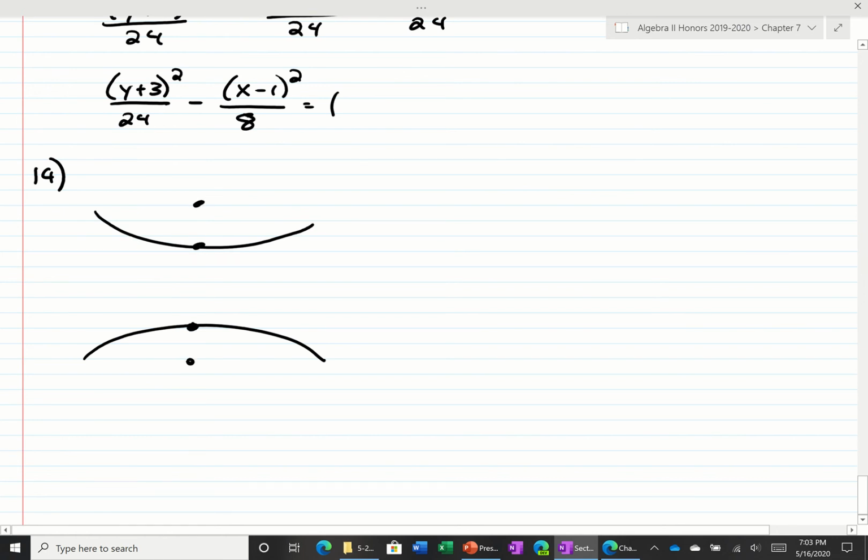Now the foci look like they're at 0, 5 and 0, negative 5. This is at 0, 2, and this is 0, negative 2. So our center is going to be 0, 0. The a value is going to be 2.